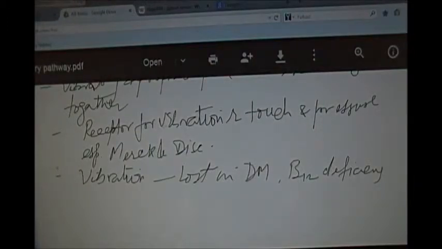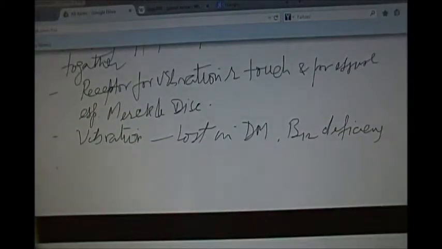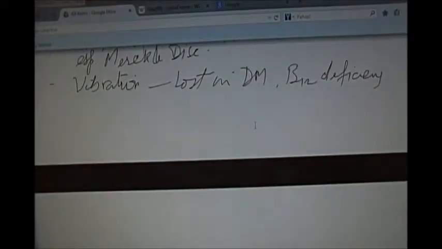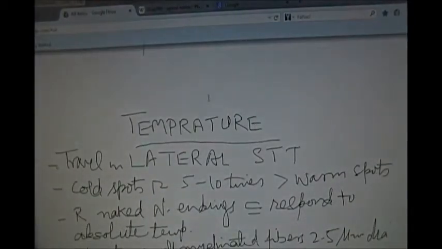What are the conditions where vibration sense is lost? The vibration sense is lost in diabetes mellitus and in vitamin B12 deficiency, where there is a posterior column defect and the patient loses the positional sense.